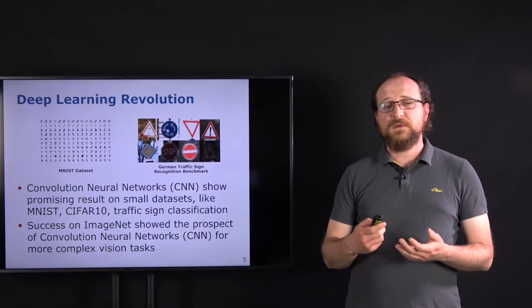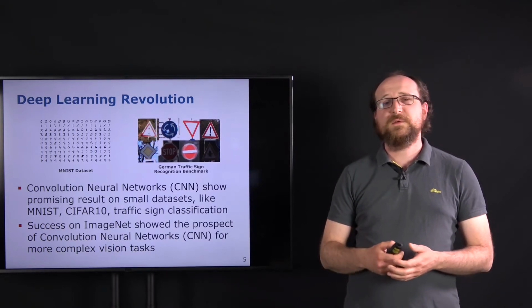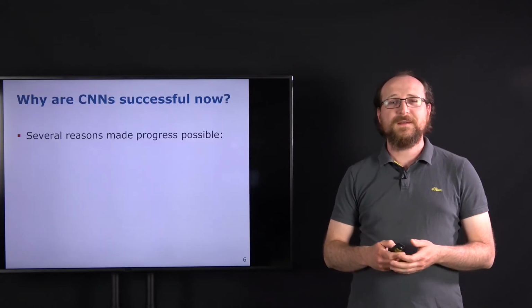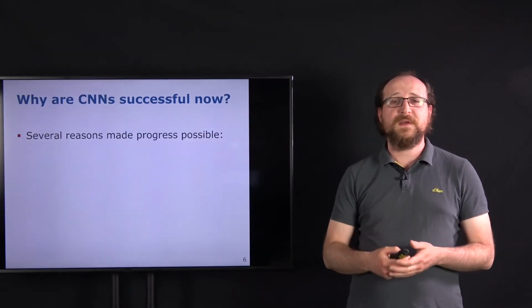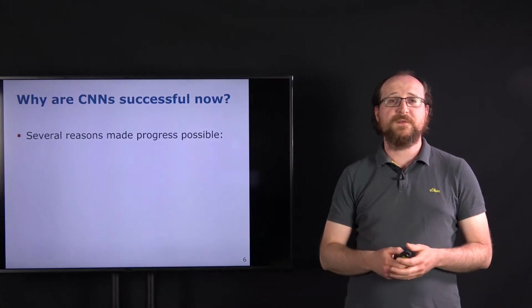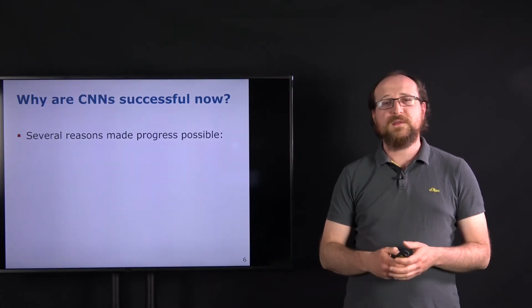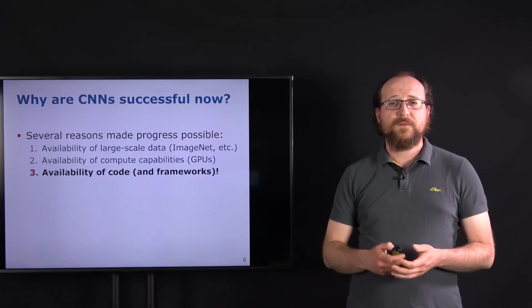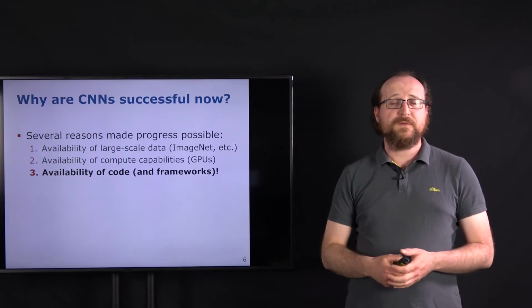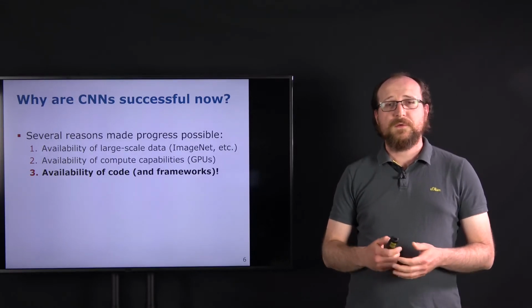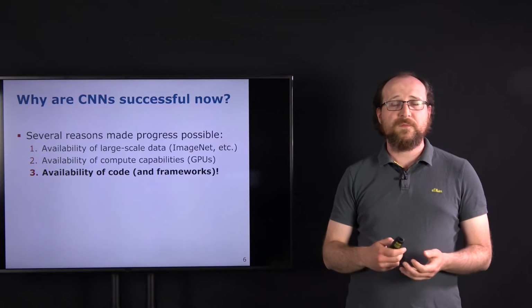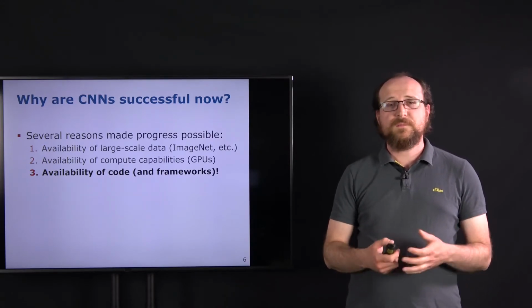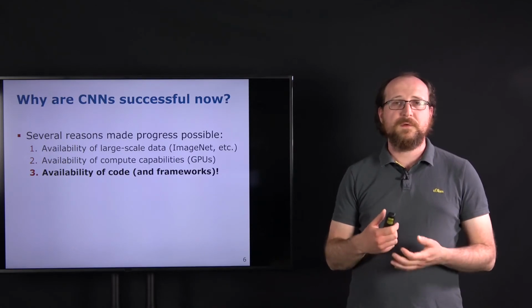So the question you can now ask yourself is maybe: why are CNNs happening now? Why did CNNs become successful now? Well, there are several reasons, which I think are mainly the reasons why it was possible. The first reason was, of course, the availability of data. Usually convolutional networks have a lot of parameters involved, as we will also see later, and training this many parameters needs a lot of data.